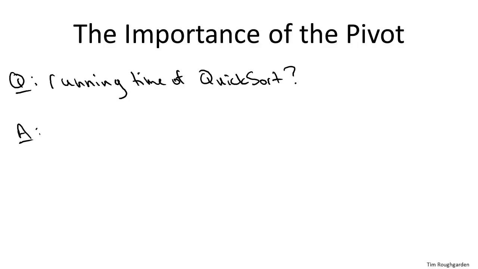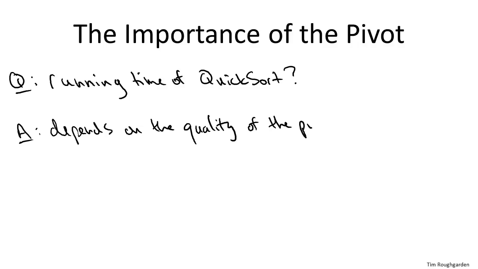You'd be right to wonder what I mean by a pivot's quality, and basically what I mean is a pivot is good if it splits the partitioned array into roughly two equal sized subproblems, and it's bad, it's of low quality, if we get very unbalanced subproblems. So to understand both what I mean and the ramifications of having good quality and bad quality pivots, let's walk through a couple of quiz questions.